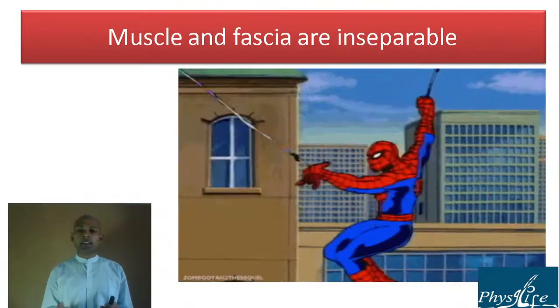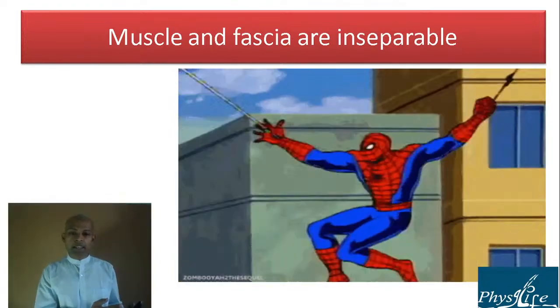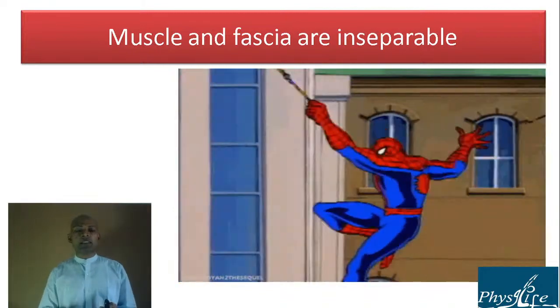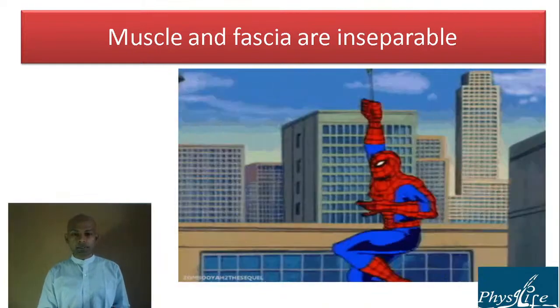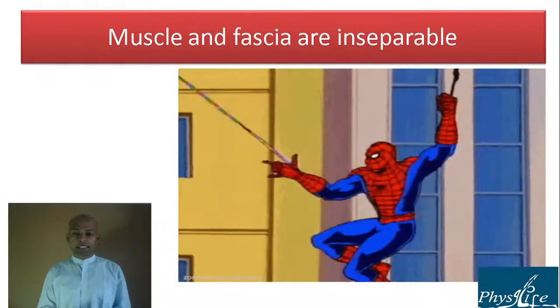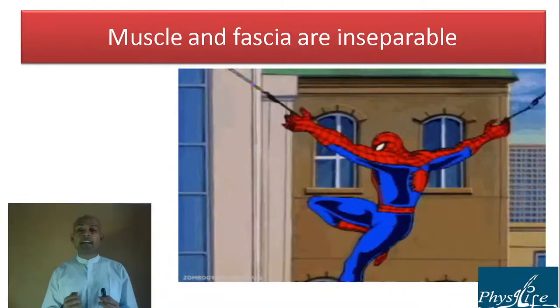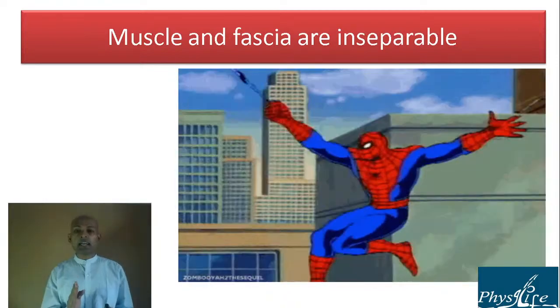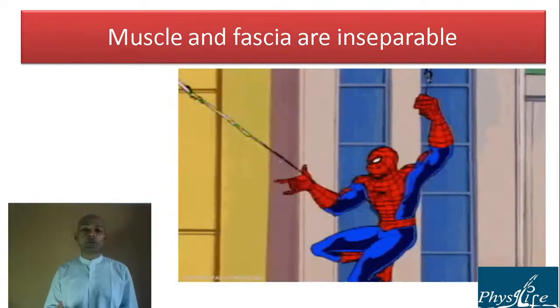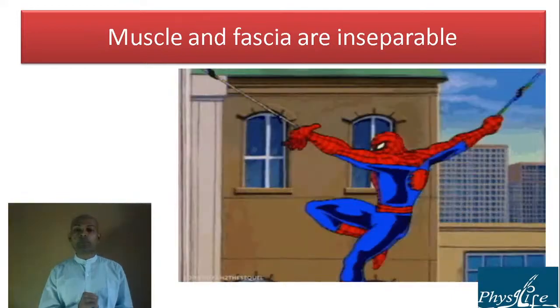We studied the epimysium, perimysium, endomysium, epineurium, perineurium, endoneurium, the dural folds, the omentums and all this. But beyond that, we did not see the fascia in its functional value. On the other hand, any person who knows Spider-Man will know that without the web, Spider-Man is nothing.